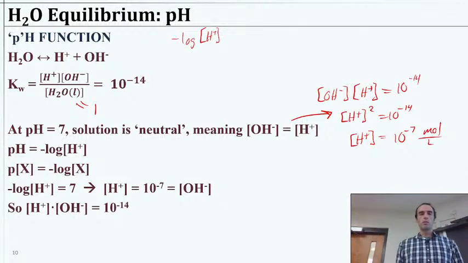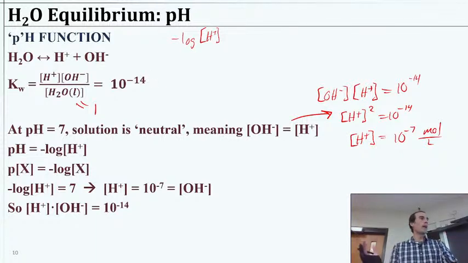That's just the way we do it. And so with that, if we know the H+, we know the OH-, and if we know the OH-, we know the H+ in a typical water solution. So this is a very convenient and important relationship for all things pH.